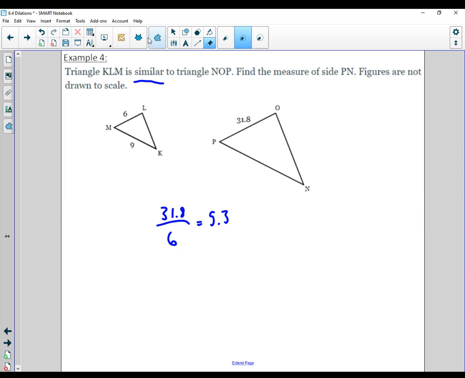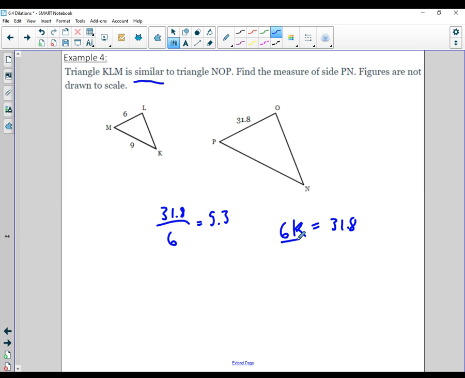So that means that's our scale factor. And that makes sense that our scale factor is above 1, right? Because if we're going from 6 to 31.8, our scale factor should be bigger than 1 to make the figure bigger. Another way to think about it, if you forget which one to divide by the other, is 6 times some scale factor, maybe call it k, some variable, equals that other side, right?